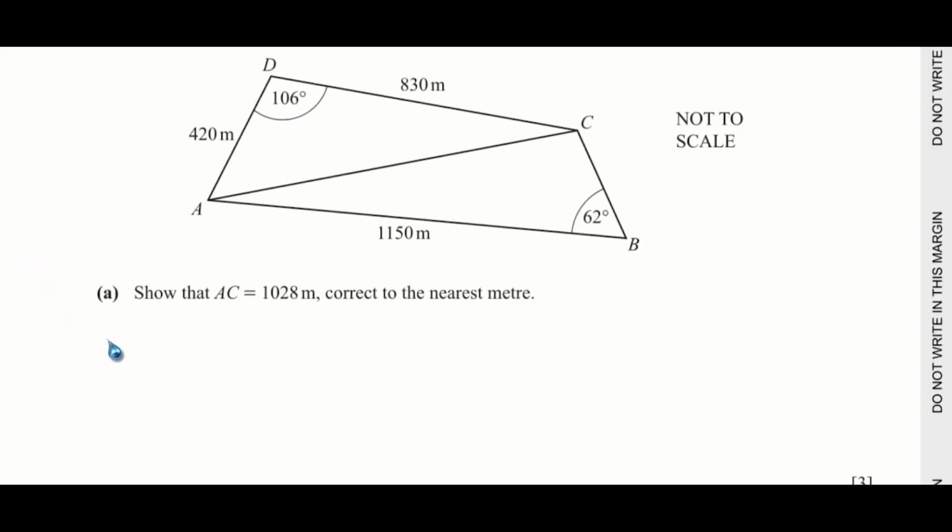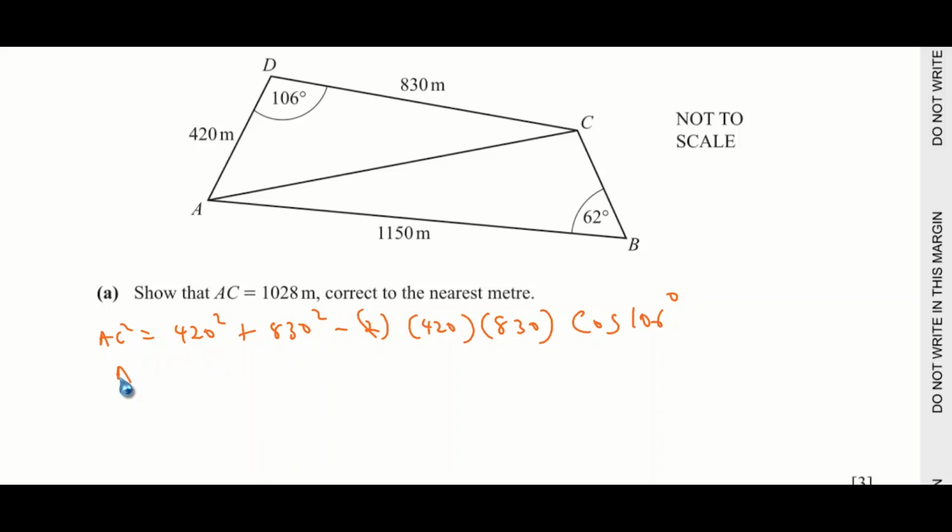So AC squared is equal to 420 squared plus 830 squared minus 2 into their product, that is 420 into 830, then cos 106 degrees.